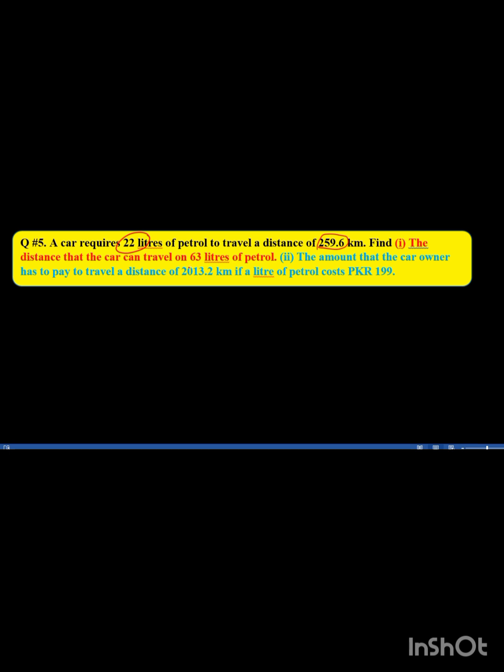So you can write here: the car travels 259.6 kilometers in 22 liters. So how much does the car travel in 1 liter? Simply divide it by 22.